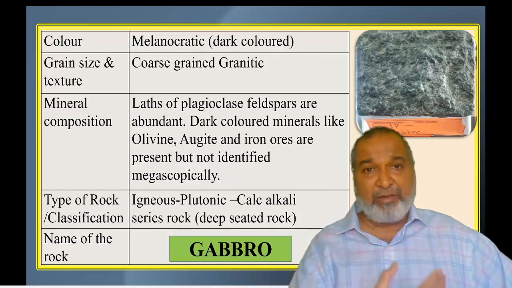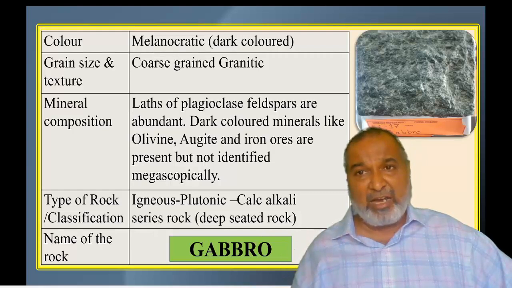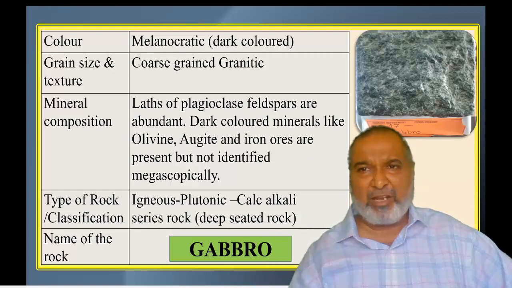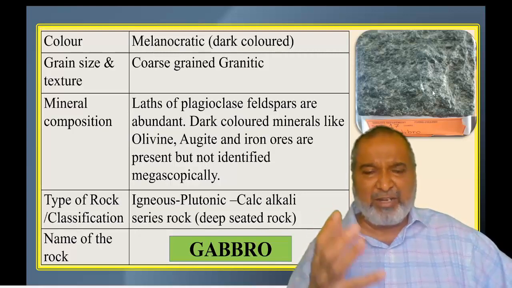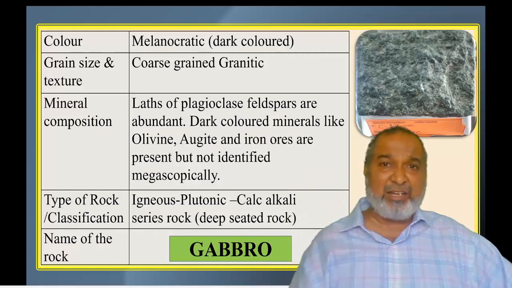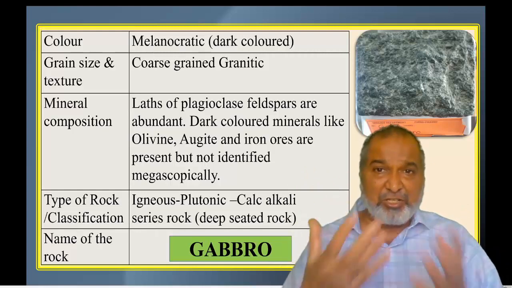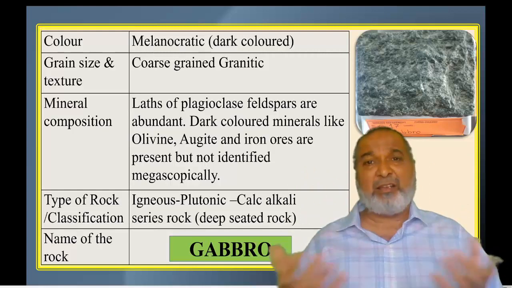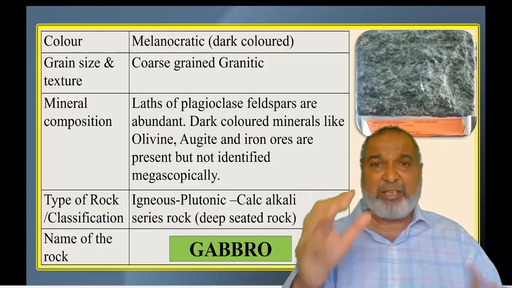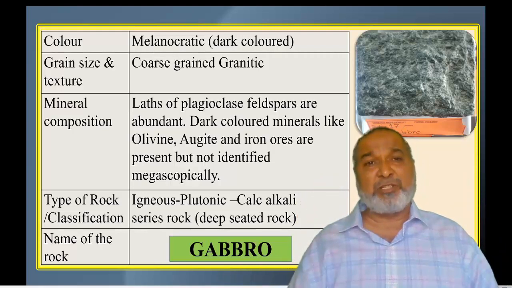Remember, olive green is olivine and dark green is augite. Immediately you will get the difference. Wherever you see the fine olive color, olivine is present, and wherever the dark green is, that is augite. In addition, wherever dark patches are seen, that is iron ore. So these are the things available in the hand specimen.